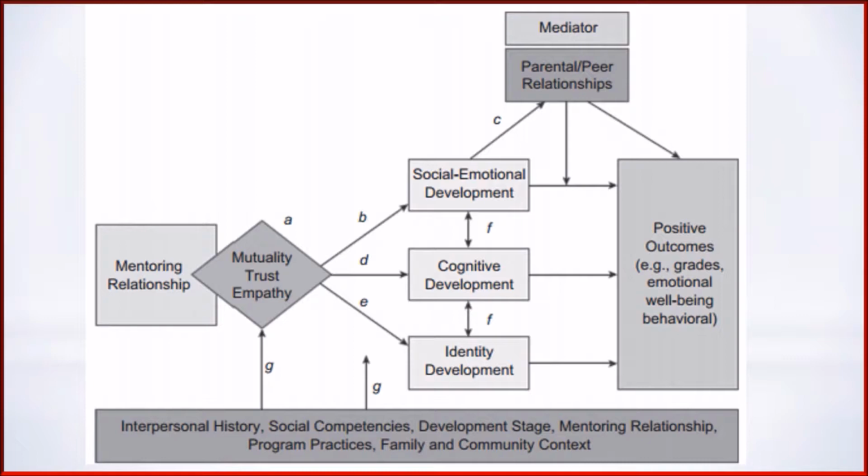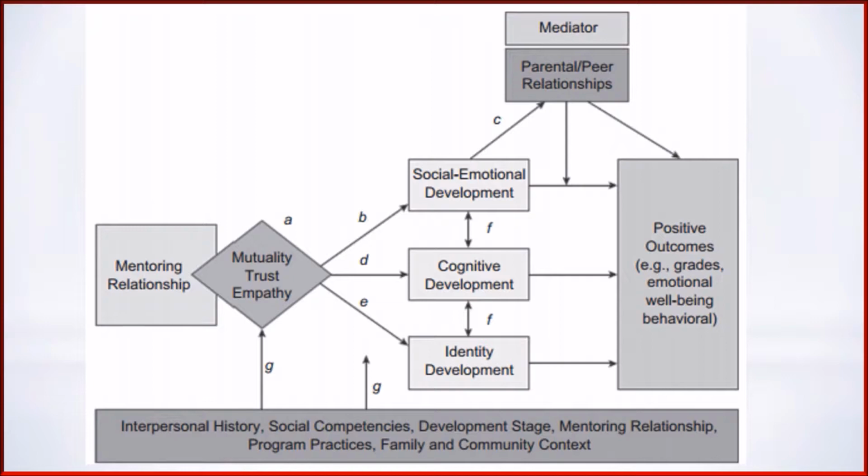This is a good figure from that paper. It talks about the idea that if an adolescent and the mentor have a very strong relationship consisting of trust, empathy, and mutuality, then this mentorship will result in 3 major areas of development for that adolescent.